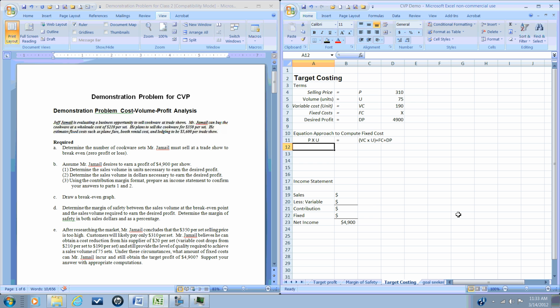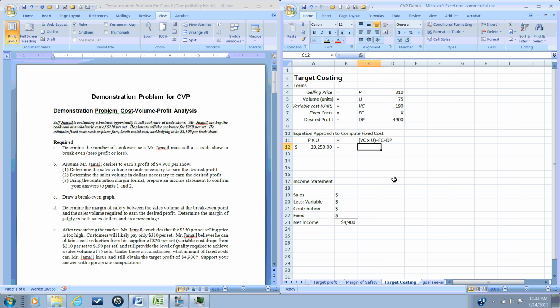So our sales will be equal to our selling price of $310 times the number of units that we plan to sell, or 23,250. That's our budgeted sales.